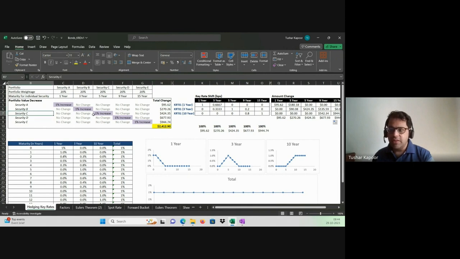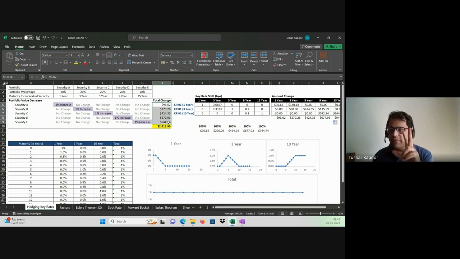If I do the same for the third security, the 5-year, if I just change that particular key rate by 1% increase, it is 424.35. For D, if I do a 1% increase, it is 677.93. With E, a 1% increase is 1944.74. And I got the total portfolio exposure that I need to hedge as 2412.90.